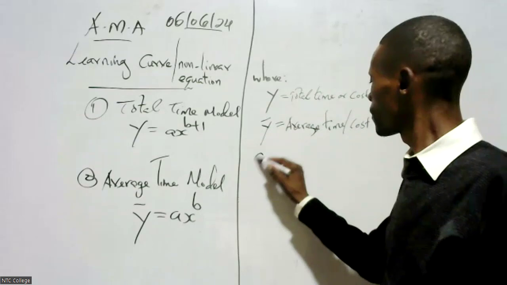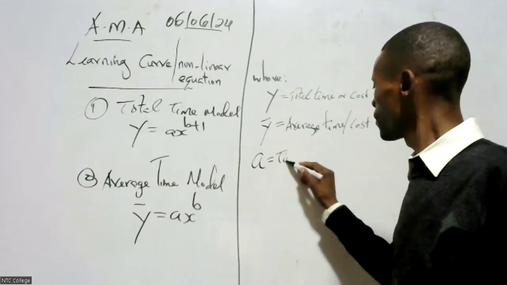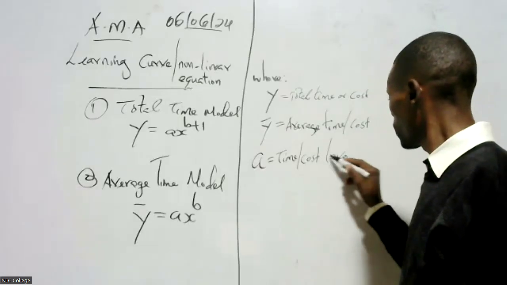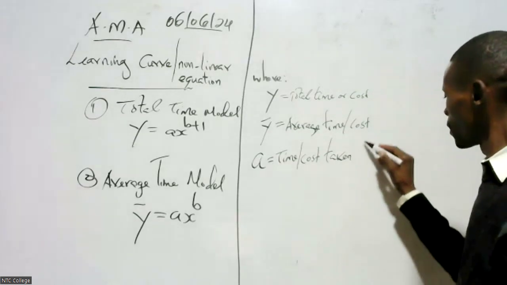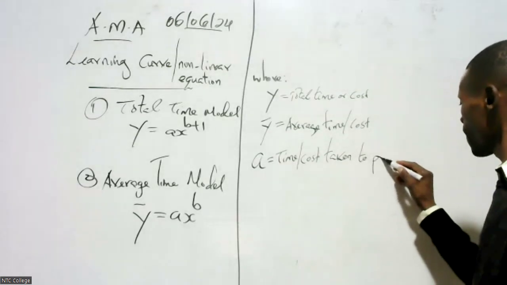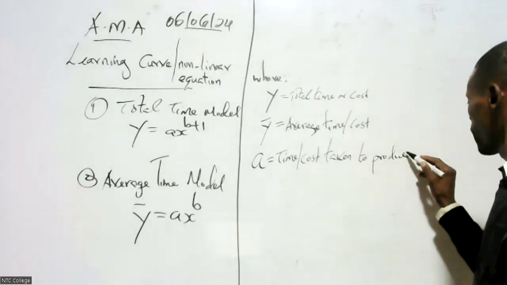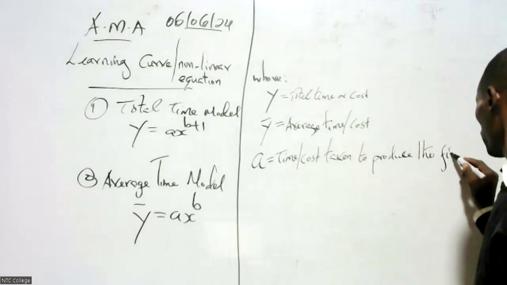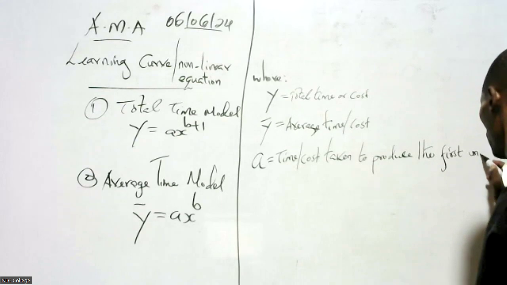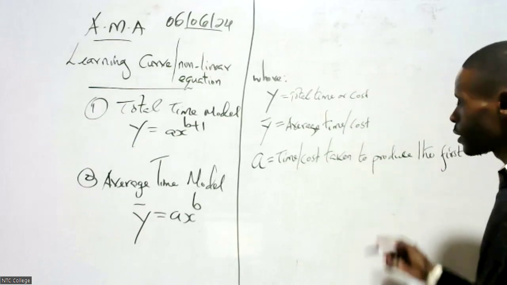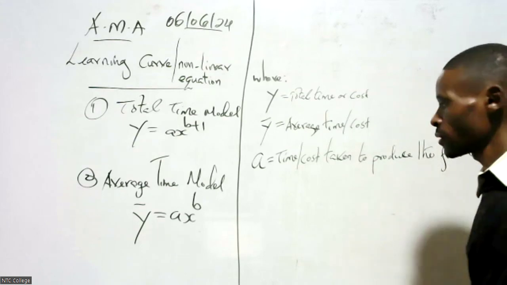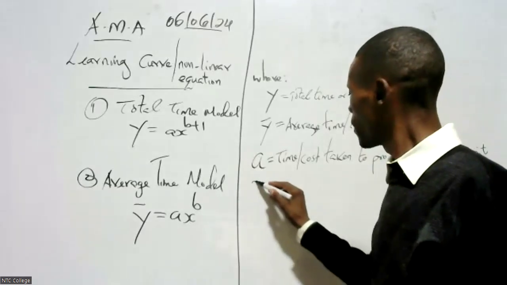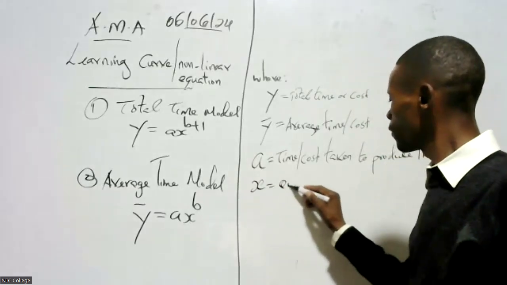Then we have a, the time or cost taken to produce the first unit. It can be time or it can be cost to produce the first unit. Then we have x, that is the output level.